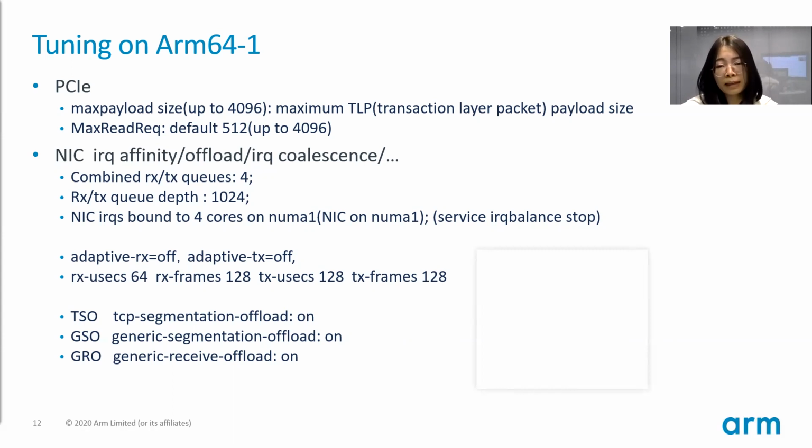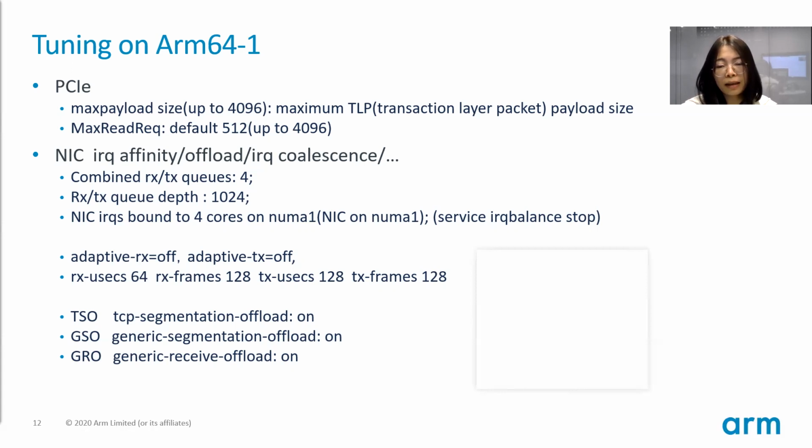And interrupt coalescence means we can set how long to wait or after how many frames are received before it generates a hard interrupt. From our test, we don't use the original adaptive one. We set the number and the time according to our case.